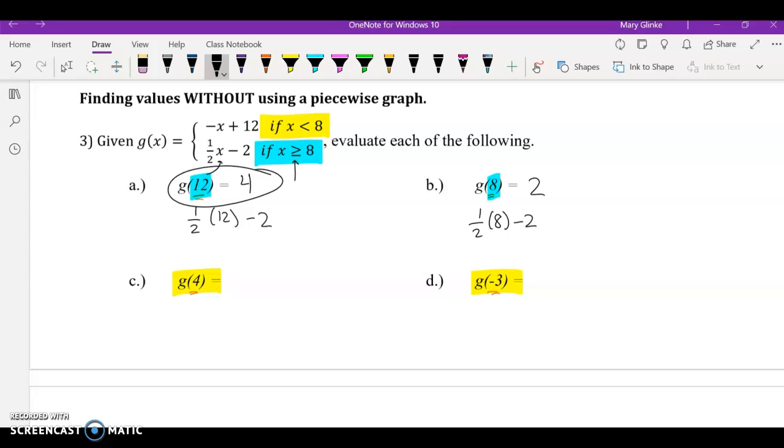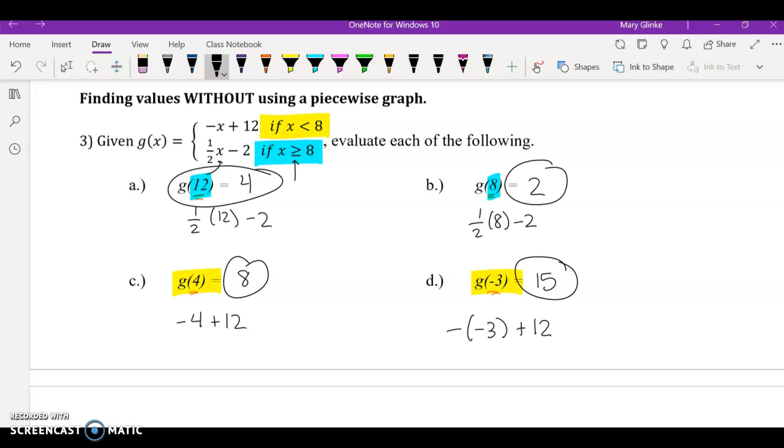For 4, we're using the top equation, so we're doing negative 4 plus 12, which is 8. And for D, we're doing the top equation, so we're doing negative 3 plus 12, which ends up being 15. So that's how we evaluate different functions.